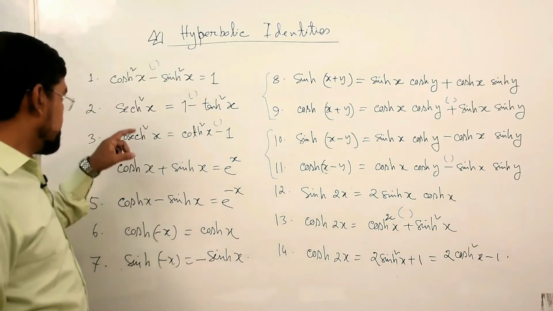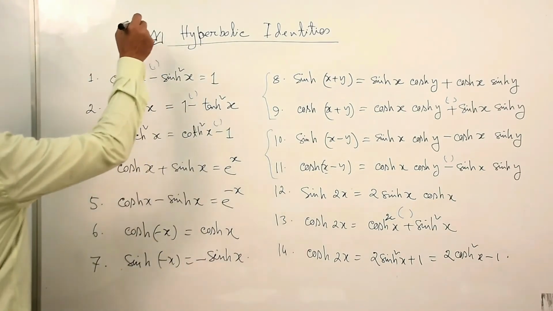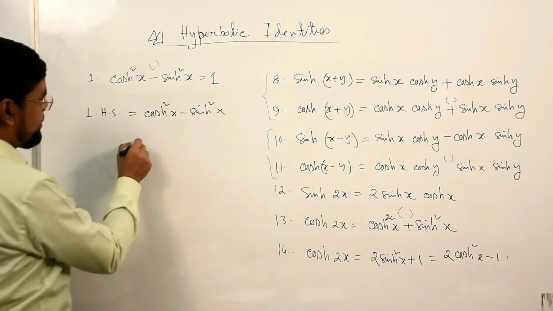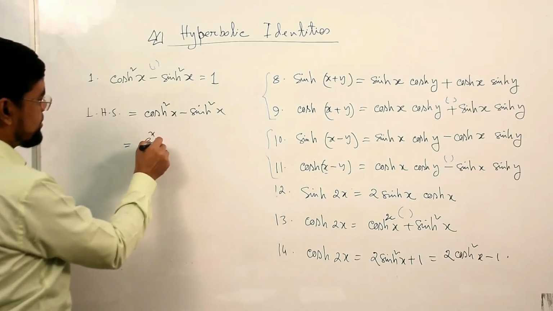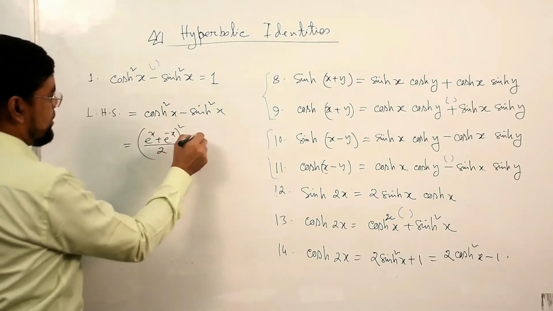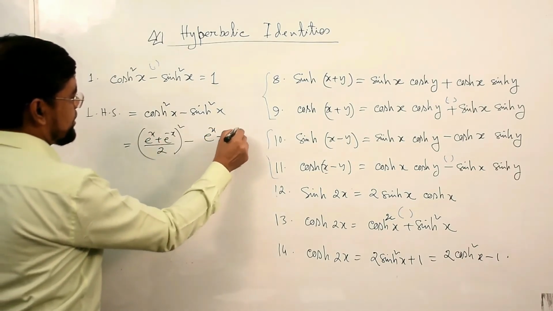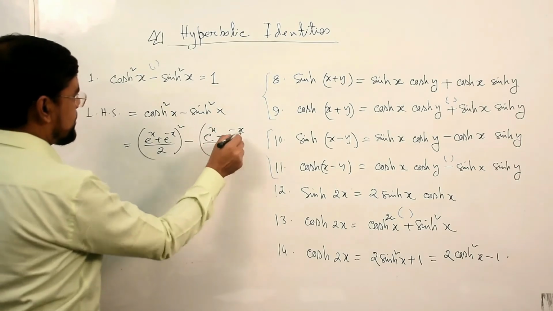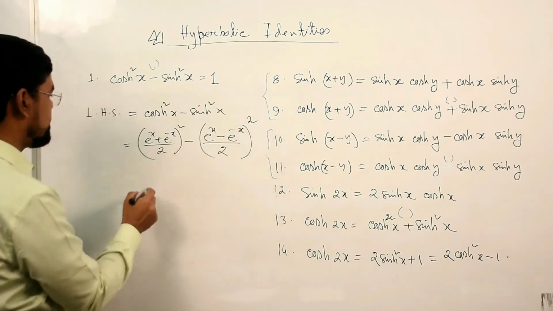Now let us try to prove formula 1. Cosh square x minus sinh square x equals, we know, e to the power x plus e to the power minus x over 2, whole square, minus e to the power x minus e to the power minus x over 2, squared.